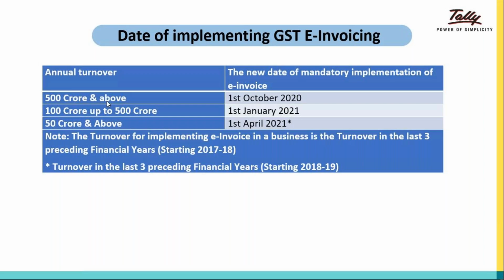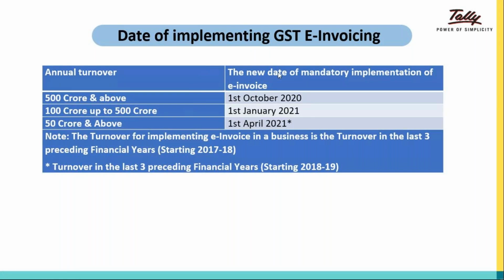Okay, so if the annual turnover was between 100 crore and 500 crore, from 1st January 2021, that time the annual turnover limit had come down. So if it was 100 crore and up to 500 crore, only then they were implementing the GST e-invoicing.